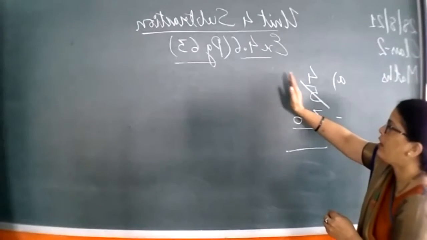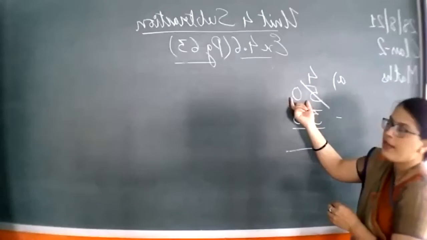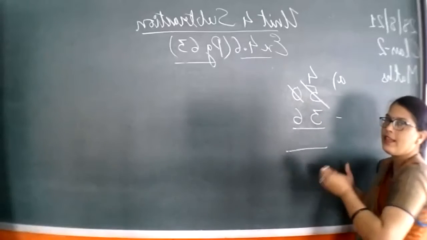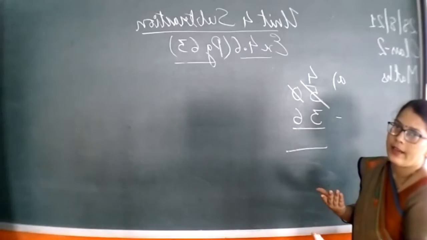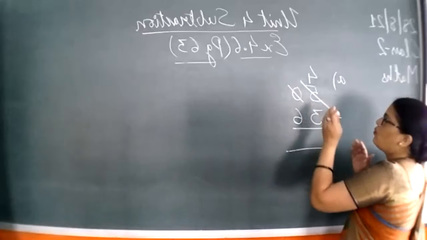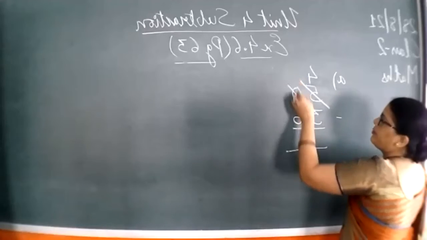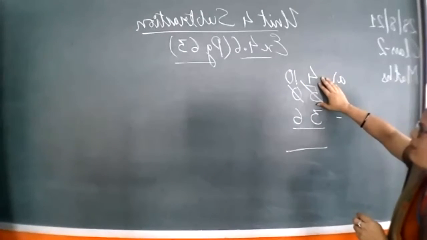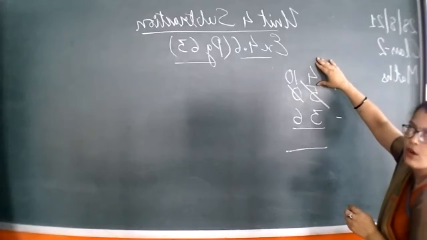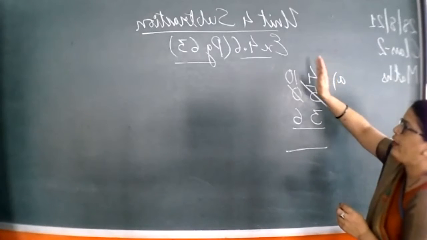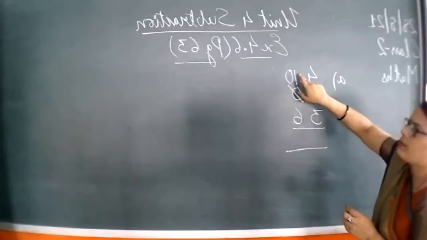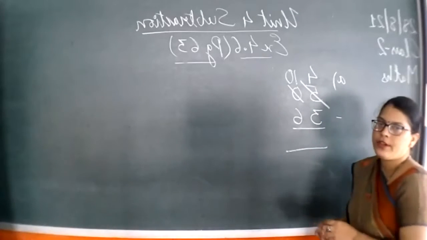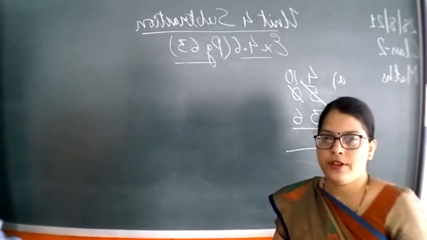So 10 plus 0 is 10. 0 means nothing. So the changes here are: the 5 becomes 4, and when we pass this borrowing to ones place, the 0 becomes 10. Now we'll subtract.